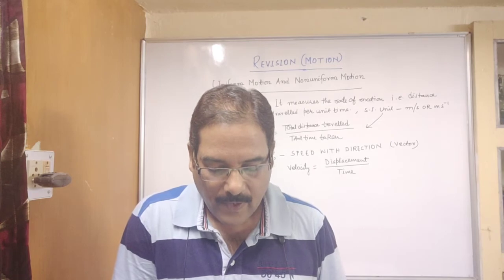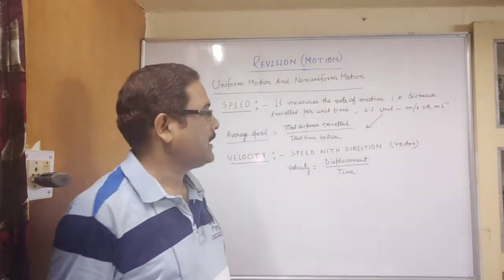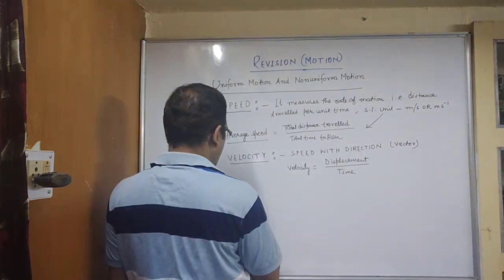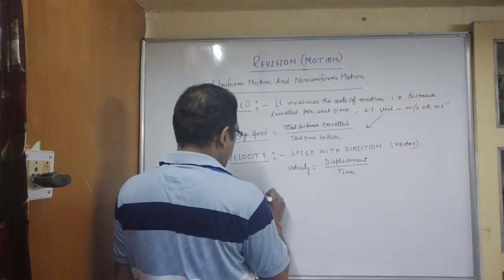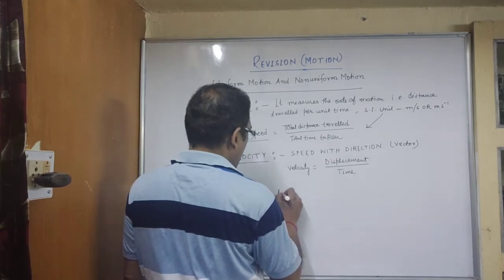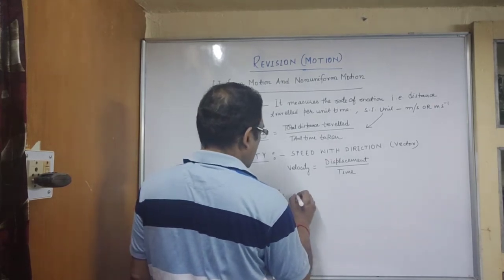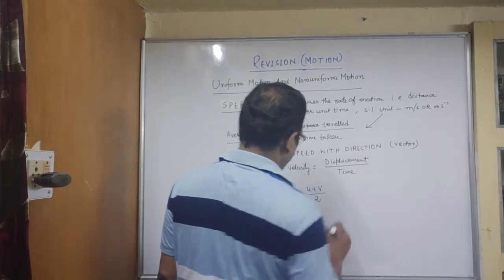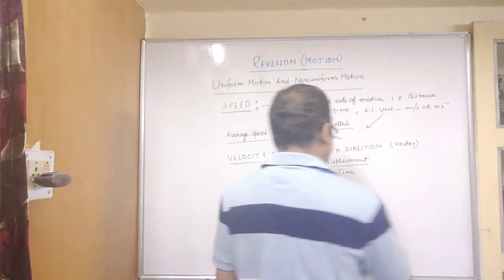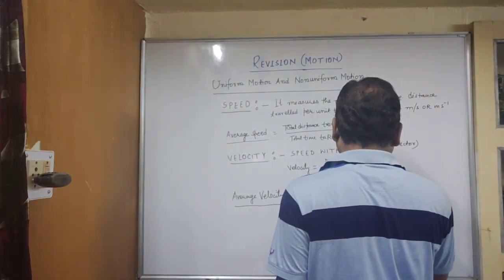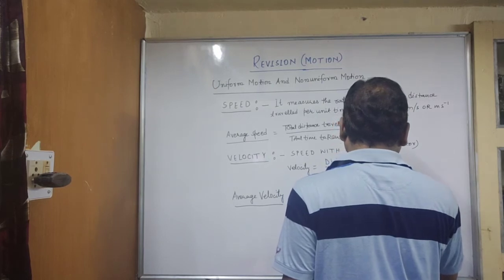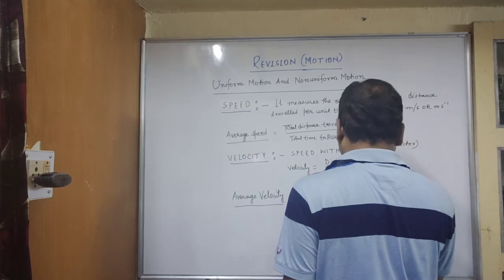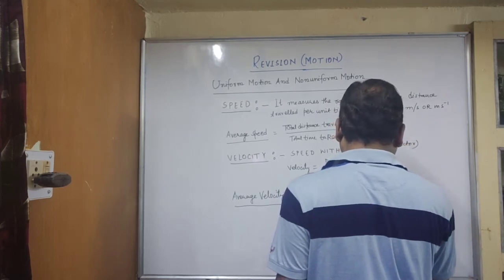So, if the velocity of an object is changing uniformly, then we can calculate average velocity, and average velocity is nothing but the arithmetic mean of initial and final velocity. U stands for initial velocity and V stands for final velocity.